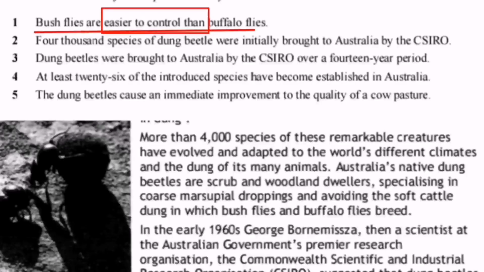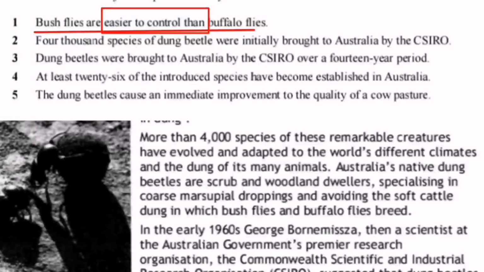Let's read paragraph 1. Some of the most remarkable beetles are the dung beetles, which spend almost their whole lives eating and breeding in dung. More than 4,000 species of these remarkable creatures have evolved and adapted to the world's different climates and the dung of its many animals.